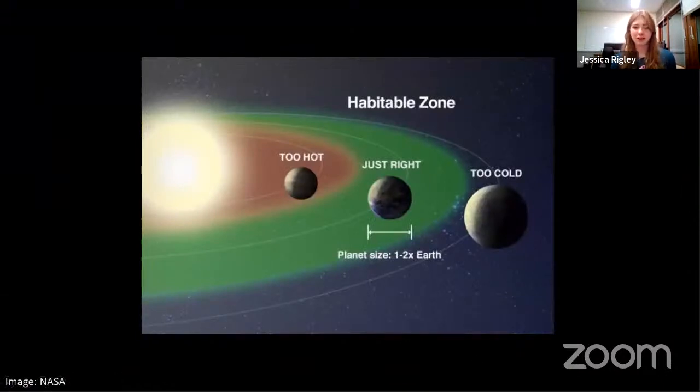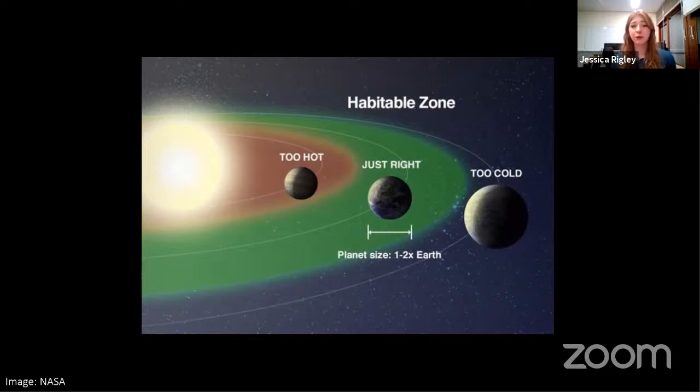So I just want to talk briefly about what the habitable zone actually is. The habitable zone is defined as the distances from a star where a planet can orbit and have liquid water on the surface of the planet. If you go back to this idea of closer to the star, things are much hotter as things receive more light, whereas further away from the star, things don't receive as much light, so things are much colder.